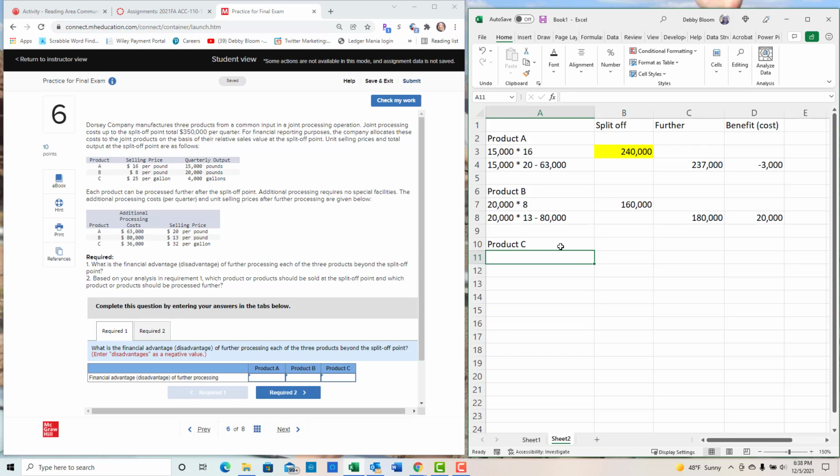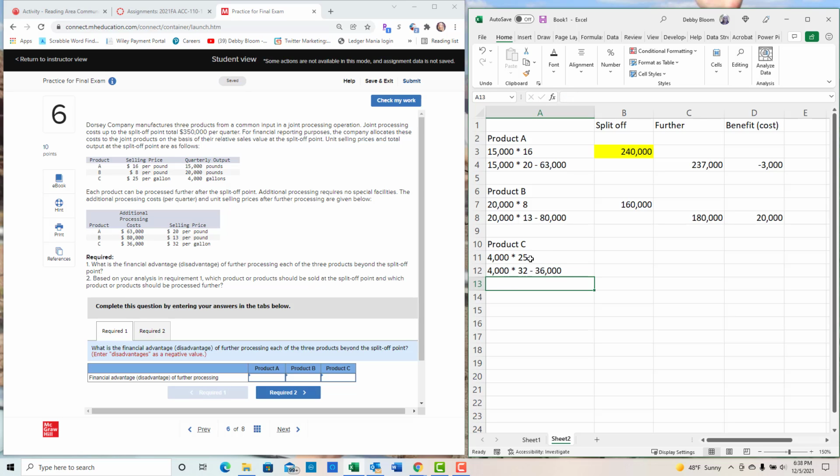So if we sell product C at the split-off point, 4,000 gallons, multiplied by $25 per gallon from the first chart. From the second chart, product C, if we decide to do the further processing, 4,000 gallons, multiplied by our increased price of $32 per gallon, but we'd have to pay an extra 36,000.